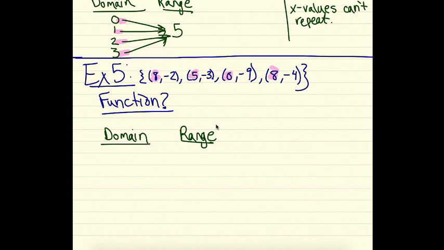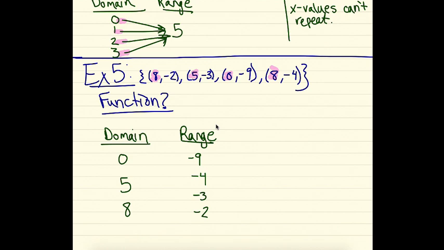So 0 is my smallest domain value, then 5, and then 8 is repeated twice, but I'm only going to write it once. My ranges are all of these second values, and again I'm going to write them in order from smallest to largest. So -9, -4, -3, and -2. You don't have to write them in order from smallest to largest.